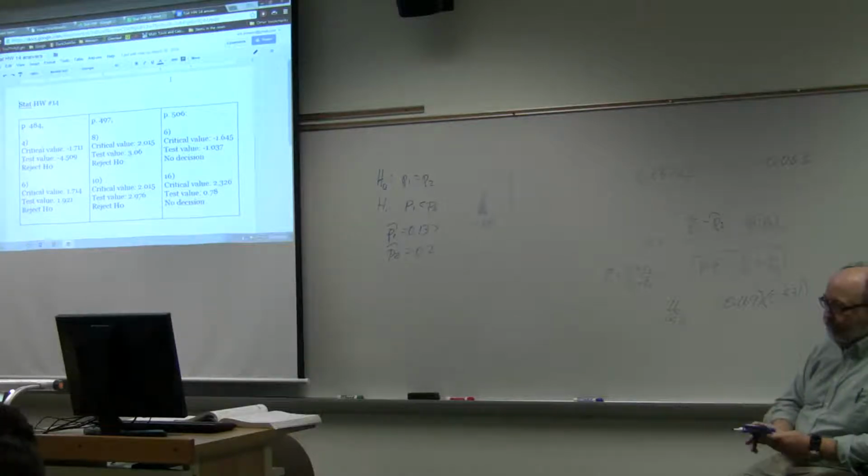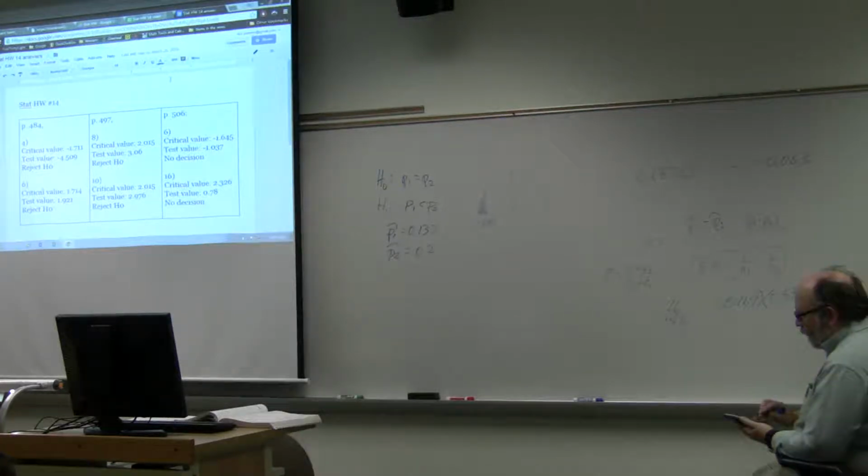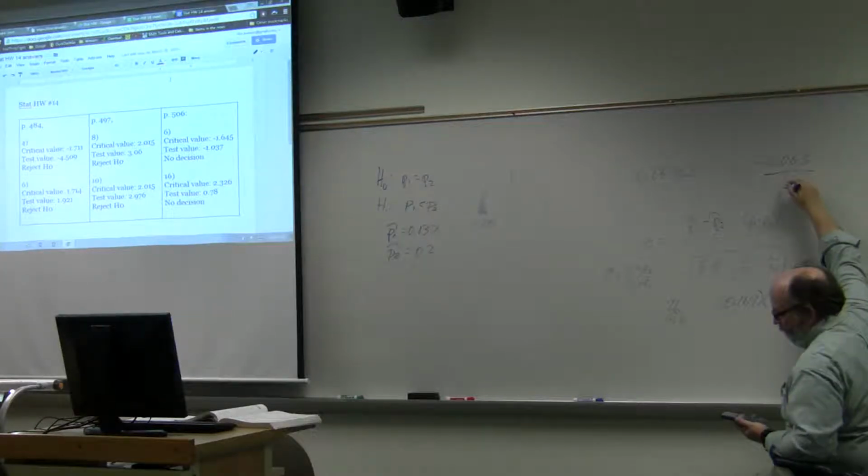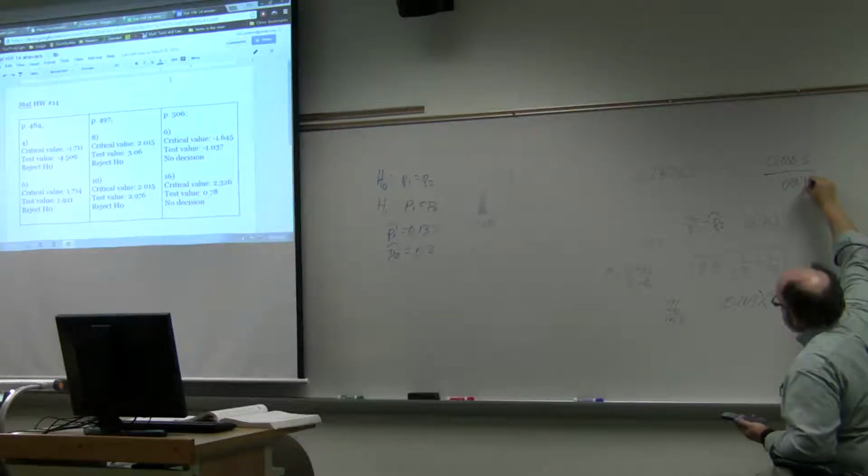So then we would take square root of, in parentheses, 0.169 times 0.831 times, in parentheses, 1 divided by 73 plus 1 divided by 80, parenthesis, parenthesis, equals. 0.06066.